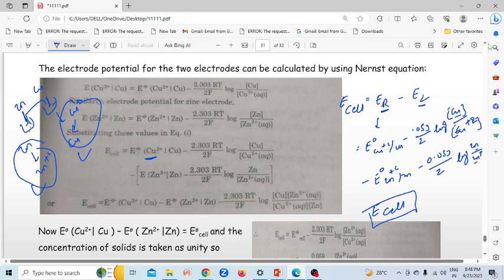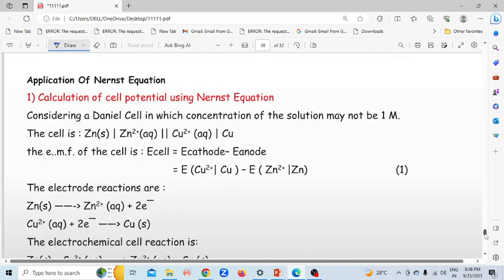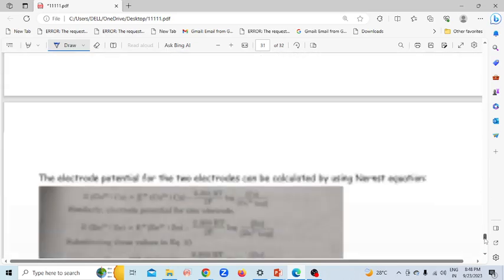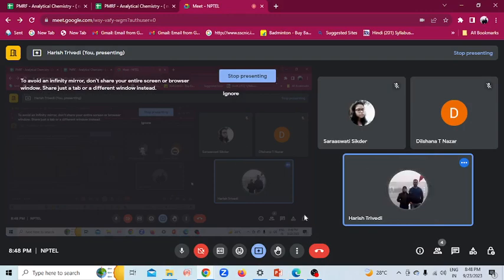So by putting your values in the Nernst equation, you can finally calculate this. So this is all about this.